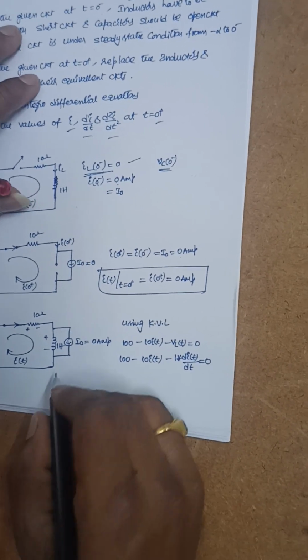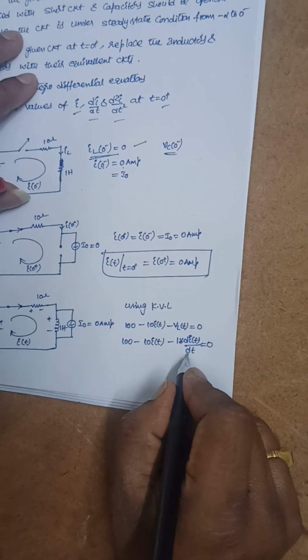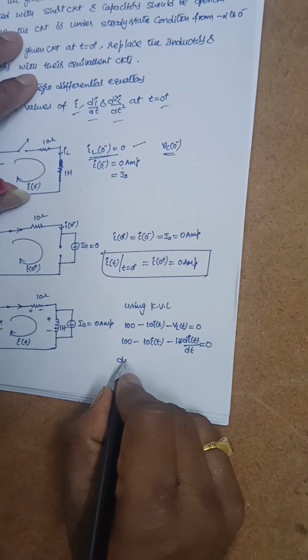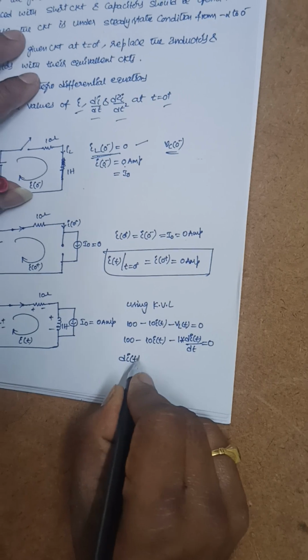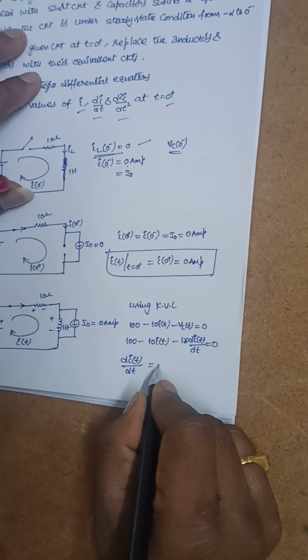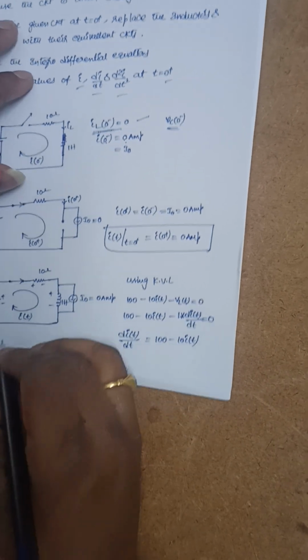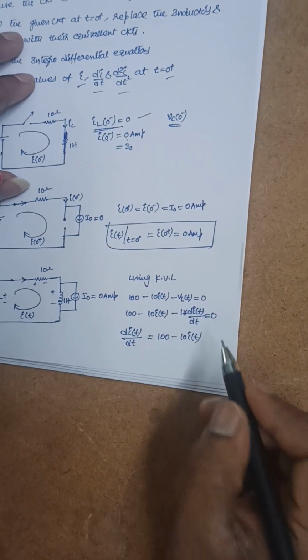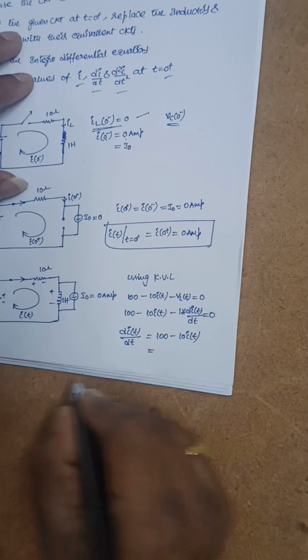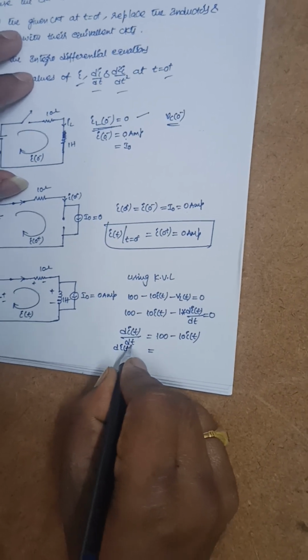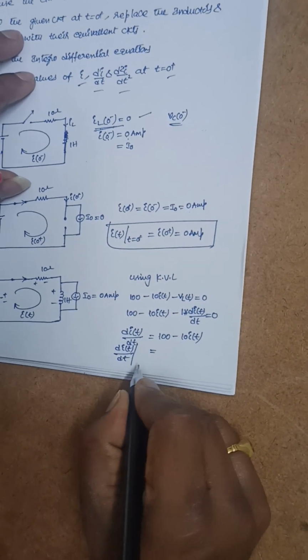Now I need to find the value of di by dt at t is equal to 0 plus. Rewrite this equation: di by dt is equal to 100 minus 10 into I of t.